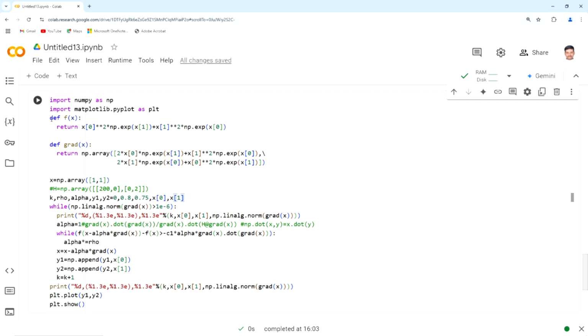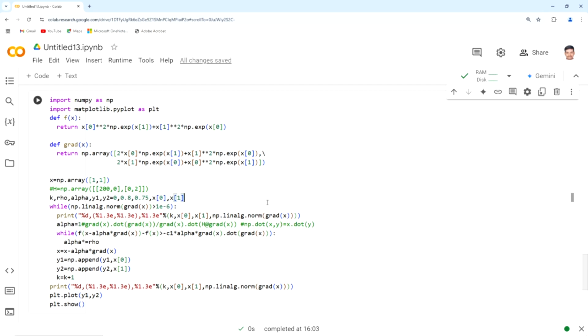Note that this part is defining the function, this part is defining the gradient, this is defining x naught. I am initializing everything: k equal to 0, rho equal to 0.8, c 1 equal to 0.75, y 1 and y 2 for plotting purposes. While norm of g k is greater than the tolerance, which is 1 e minus 6.